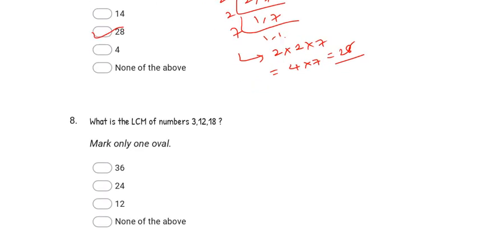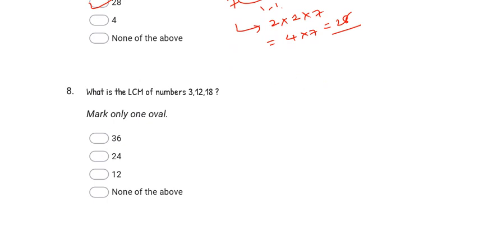Next, what is the LCM of numbers 3, 12 and 18? Solve as in the above problem. 3, 12, 18. First with the 2. 3 won't go, so 2 sixes are 12, 2 nines are 18.